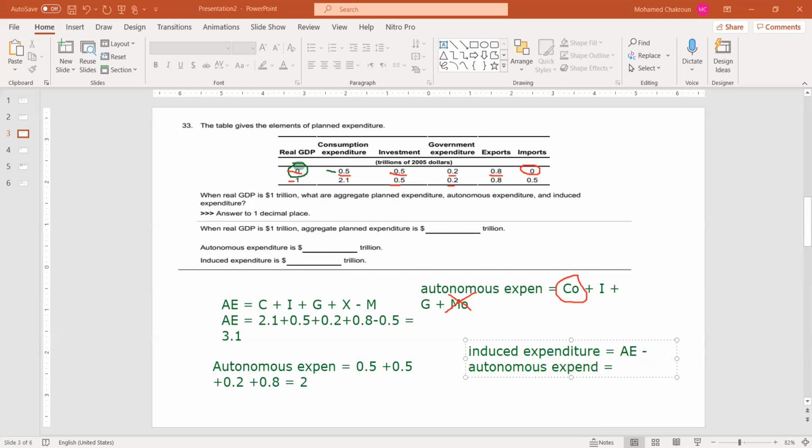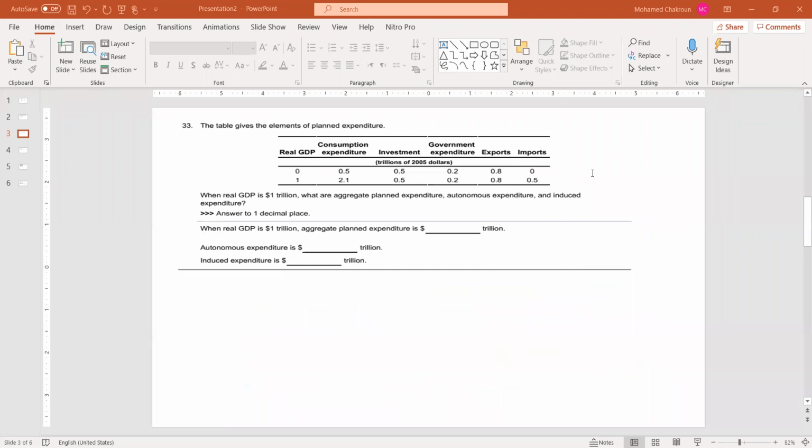It's equal to 3.1 minus 2. It's equal to 1.1 trillion. This is how to solve this exercise. Let's move to another exercise.